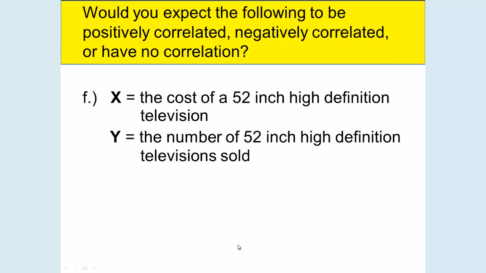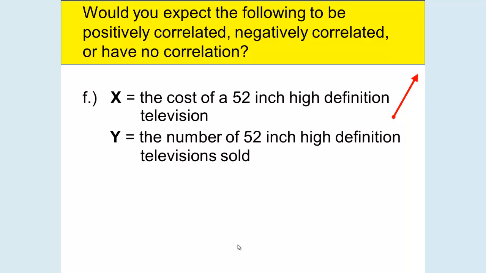X, the cost of a 52-inch high-definition television, and Y, the number of 52-inch high-definition televisions sold. So as the cost increases, what's going to happen to the number sold? Well, the more expensive the television is, the less people are going to be able to afford to buy it, so the fewer television sets that will be sold.